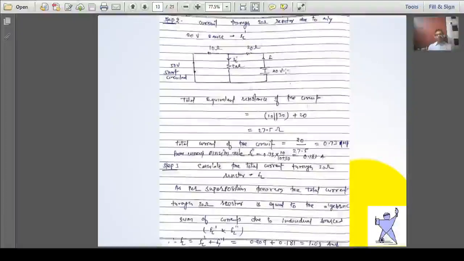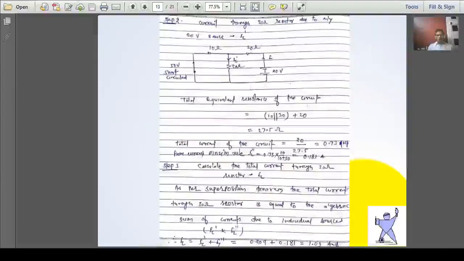Also, the current flowing in the 30 ohm resistor due to the 20 volt source is also from top to bottom. I mean to say, the direction of current flowing in the 30 ohm resistor due to both sources when acting separately is the same. That's why the total current will be added.